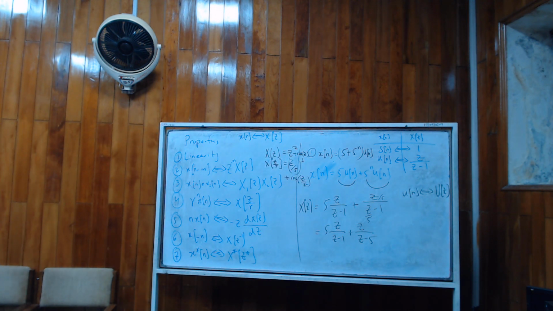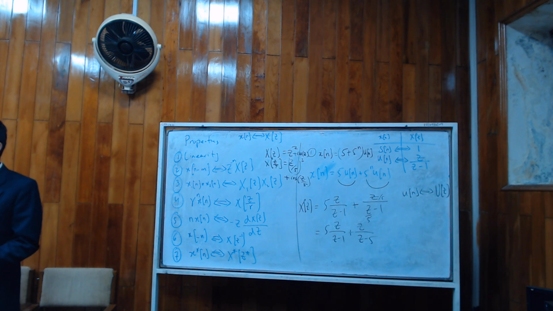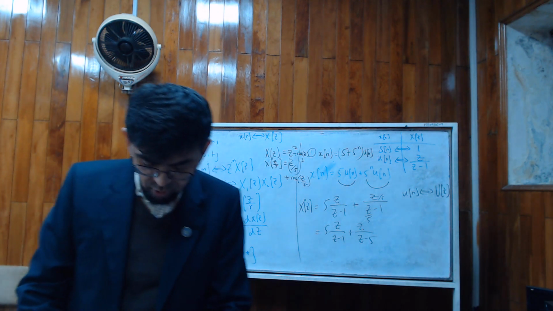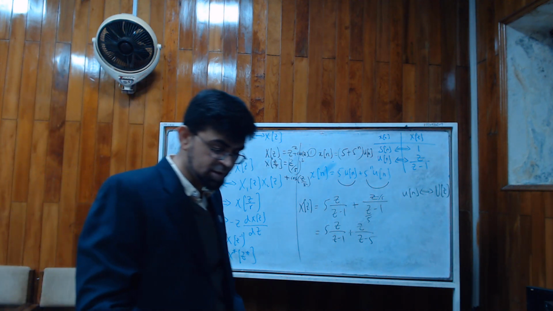Just multiply and divide by 5 to see that this will happen. Clear or not? कुछ idea हुआ? Yes, sir. Yes? Okay. Then you are ready to solve the next one.